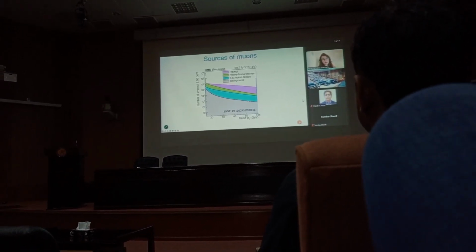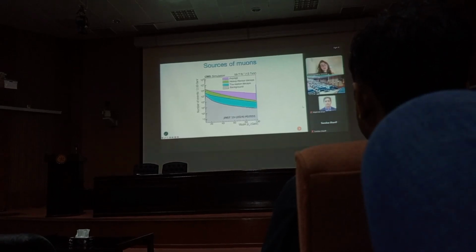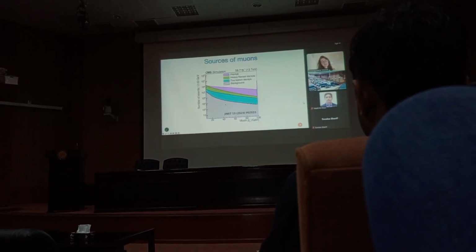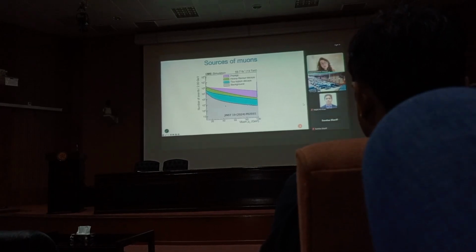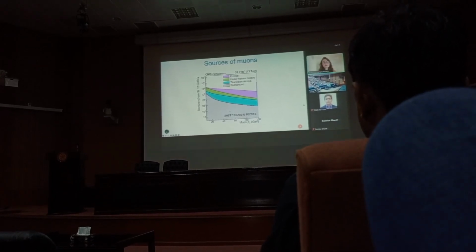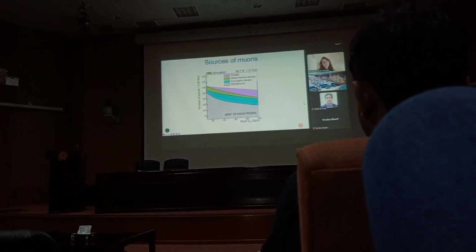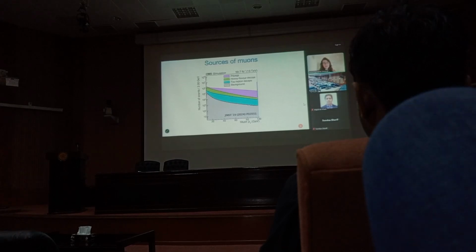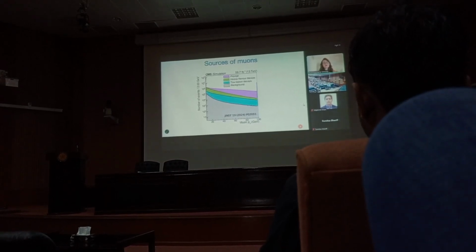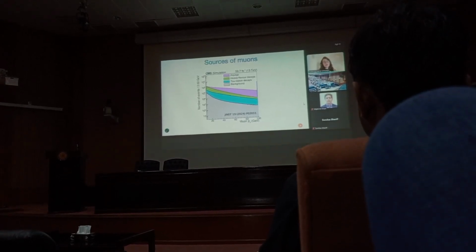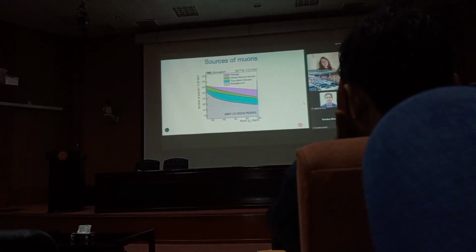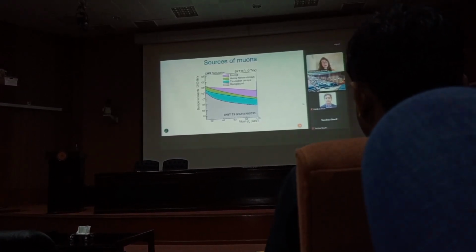In the gray region, you have everything that is not in the previous categories, so K and pi decay in flight, punch through, but most importantly, this plot also contains pile-up muons. Muons that can be good muons from interesting decays, but they are not produced in the proton-proton collision we are interested in. They are produced in the proton-proton collisions that are overlapping. This is a very important contribution, especially in Run 3 where pile-up is higher.